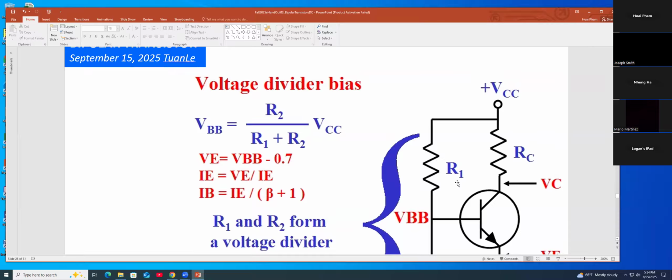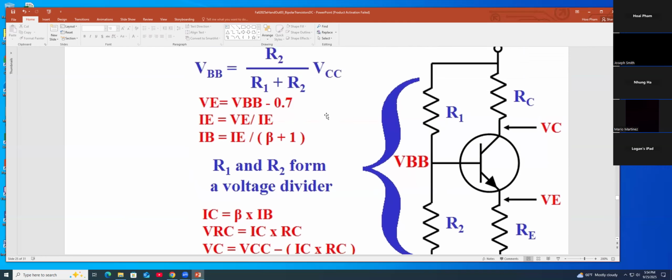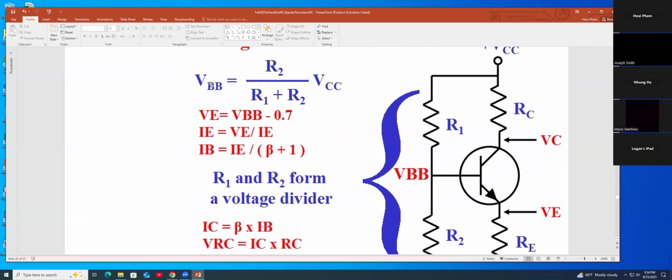They use R1, R2 connected to make the voltage divider. Instead, you would have to apply a power supply to the base. Now, we don't need that. You need only R1, R2. Then you can get VBB. In here, VBB equals R2 divided by R1 plus R2 times VCC. That's just a voltage divider.